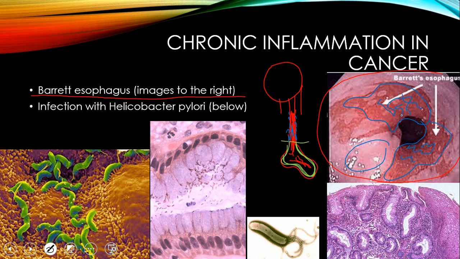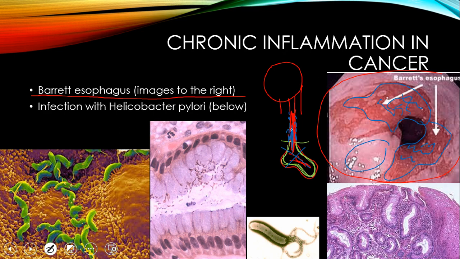And so it's likely that you'll get cancer from this, or a possibility. And I guess what you give these people are proton pump inhibitors and things like that. Stop the stomach acid, calm down the stomach acid so it doesn't keep going up here and giving them Barrett's esophagus.